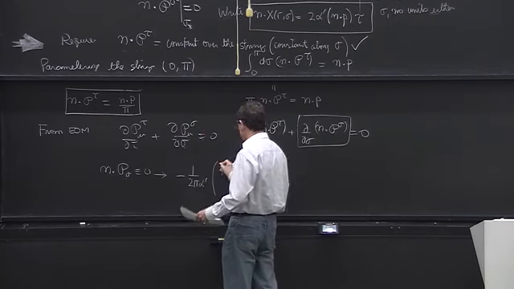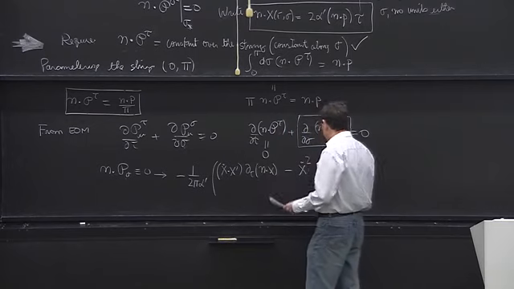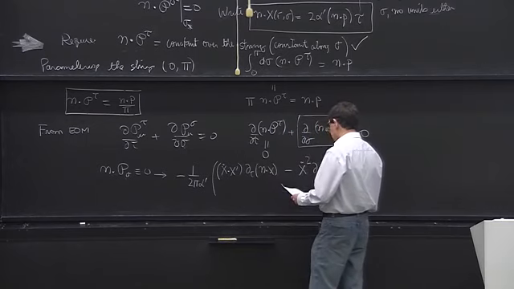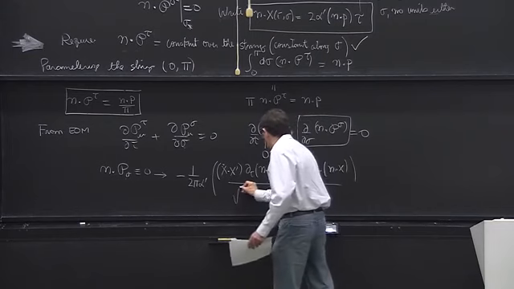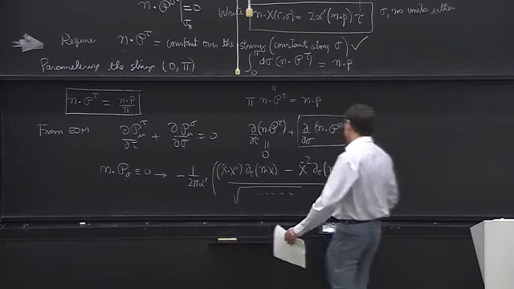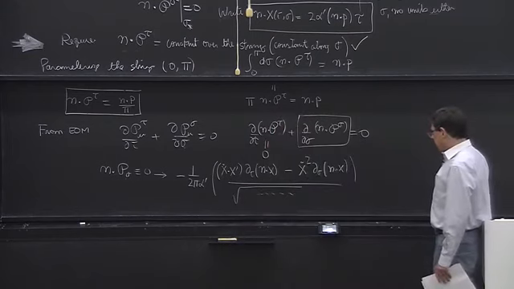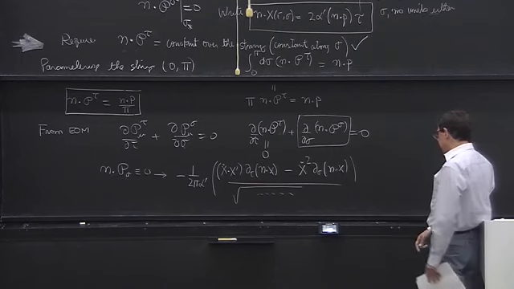So this, with the n vector, will be d d tau of n dot x minus x dot squared d d sigma of n dot x. And then there's the awful square root of the Nambu-Goto action. So we're trying to finally see what this gives.